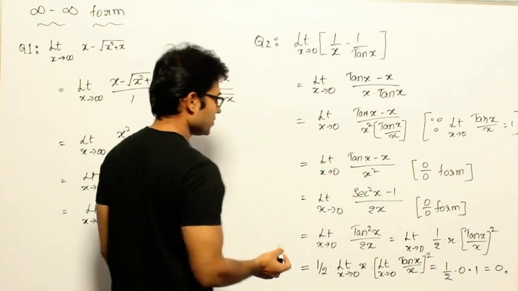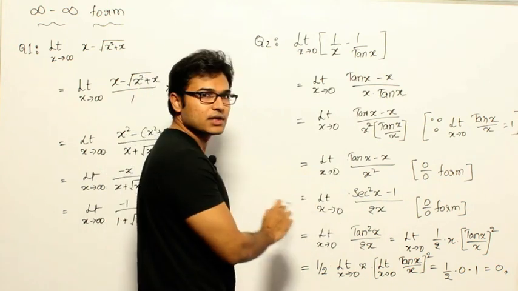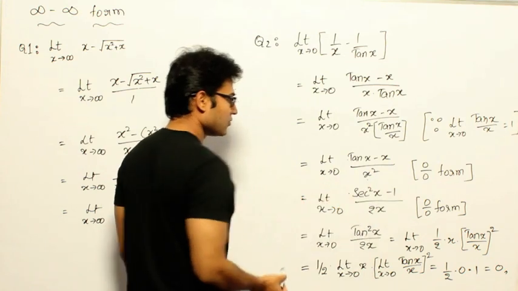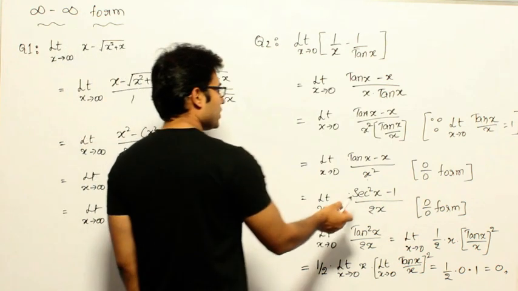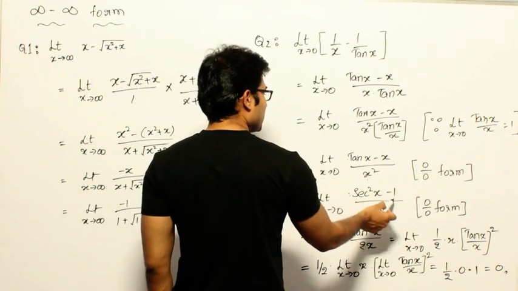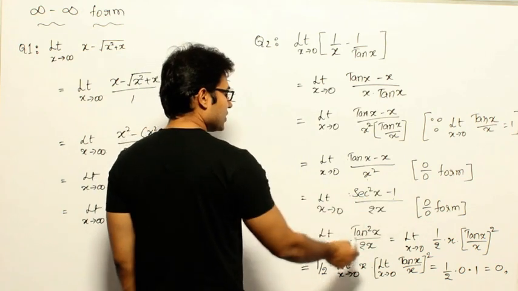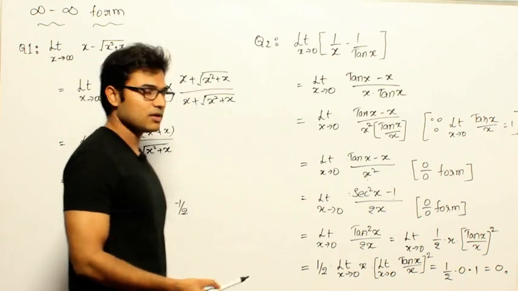Once you apply L'Hospital rule, d by dx of tan x is secant square x, minus d by dx of x is 1, and in the denominator, if you differentiate it, it is going to be 2x. And we know that secant square minus 1 is tan square. Therefore secant square x minus 1 is tan square x. So in this place I am just substituting it there, right?